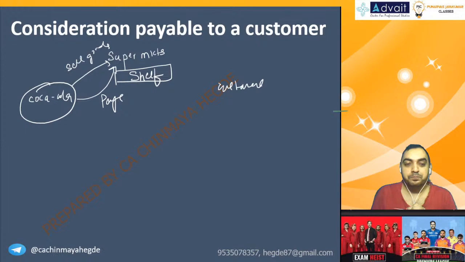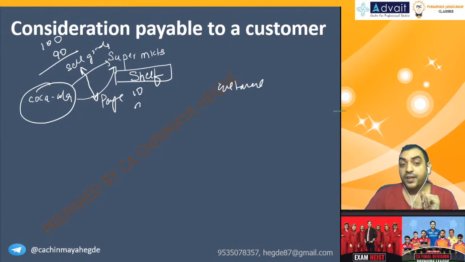Anyway, keep it aside. When you pay the amount to customer for a certain service, if the service is distinct, like shelf, a distinct service, recognize it separately. But if there is any connection between the selling and the paying, for example, you say normally it is 100 rupees, I will sell it at 90 rupees now, and normally I am supposed to pay 10 rupees, I will pay 9 rupees.